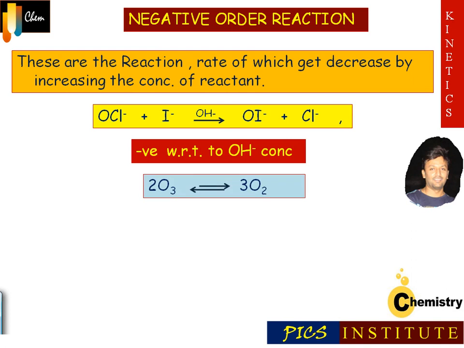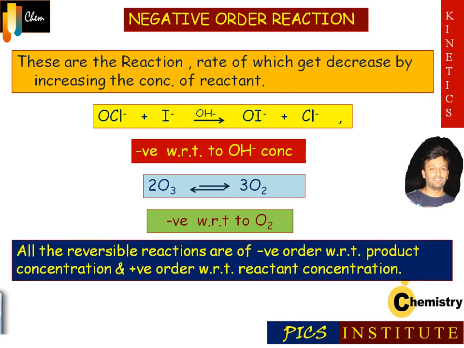Similarly, the example of decomposition of ozone: if we add O2 to the reaction mixture, the rate of reaction decreases, so it is negative order with respect to O2 concentration.